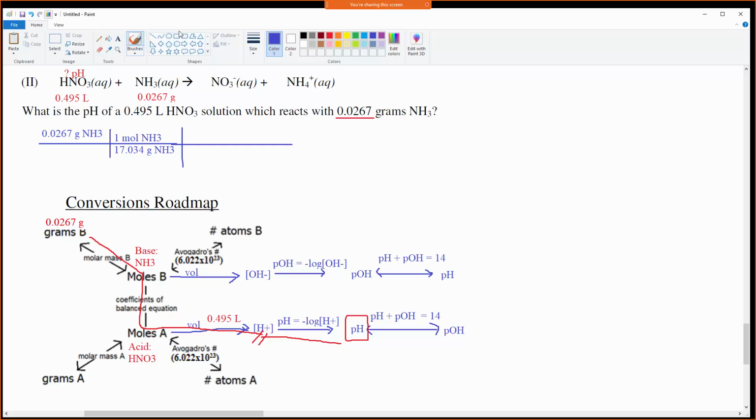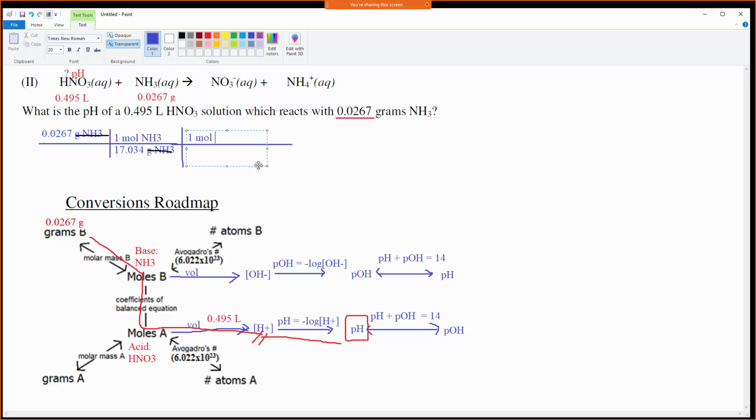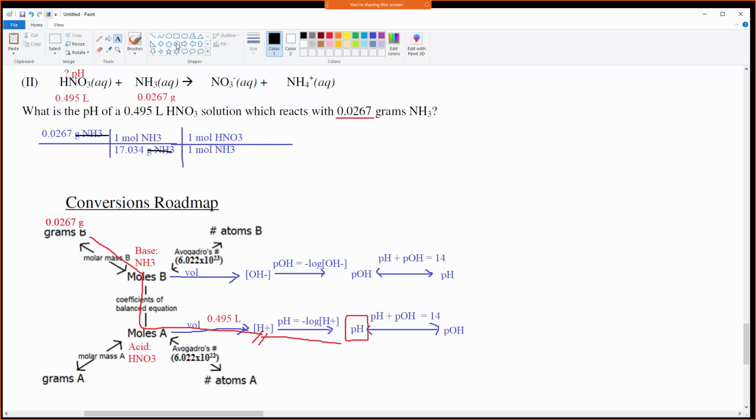Good. Grams cancel. Now we're at the moles. We just need the coefficients, which is 1 to 1. We'll plug that in: 1 mole of HNO3 for every 1 mole of NH3. There we go. That brings us to moles of the acid.